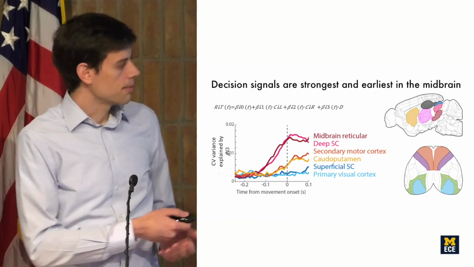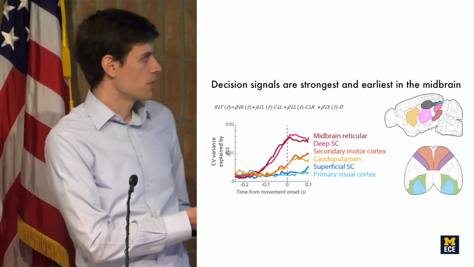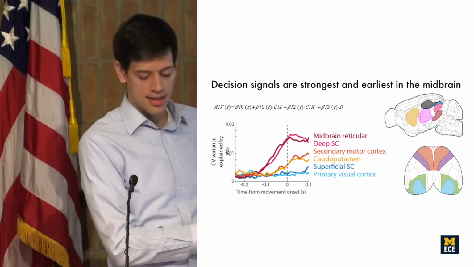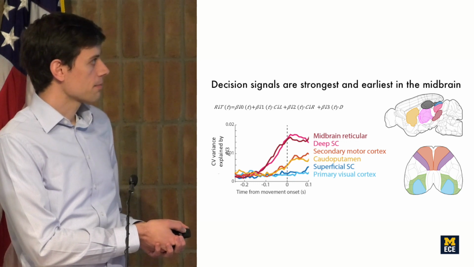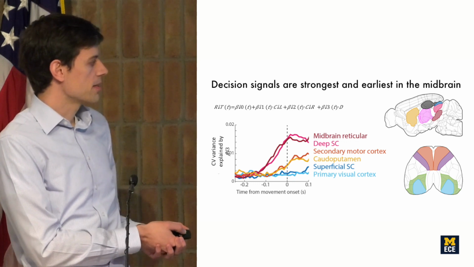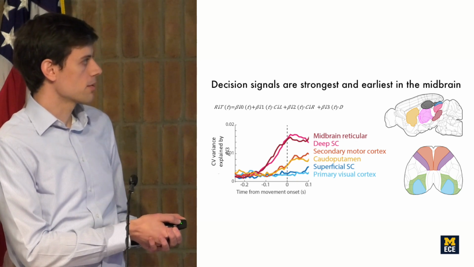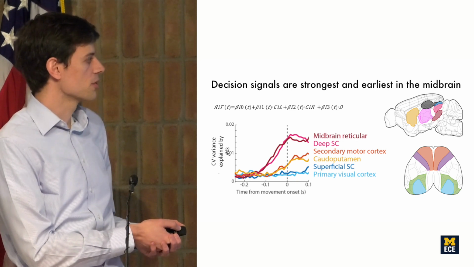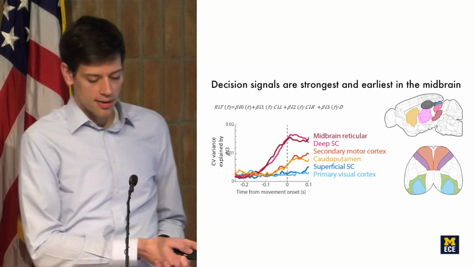And if we look at the decision term, so how much of the neuron's activity can be explained by this last regression term, what we find is that that regression term is important for explaining the activity in the midbrain reticular nucleus and the deep layers of the superior colliculus, these midbrain structures, significantly earlier than in secondary motor cortex and in striatum.